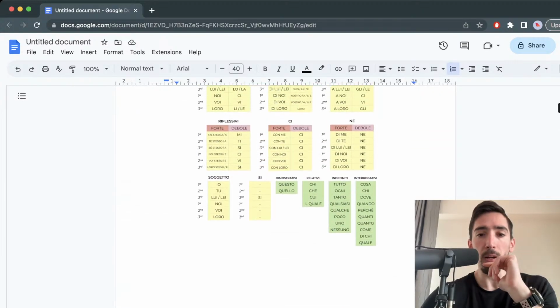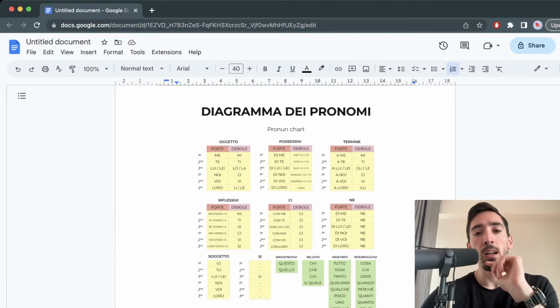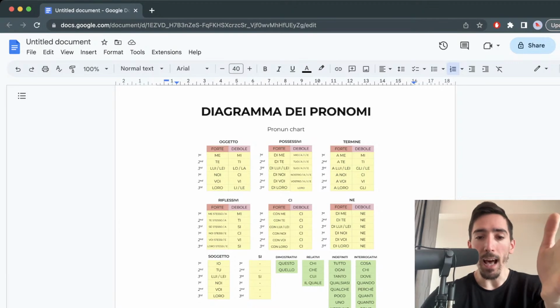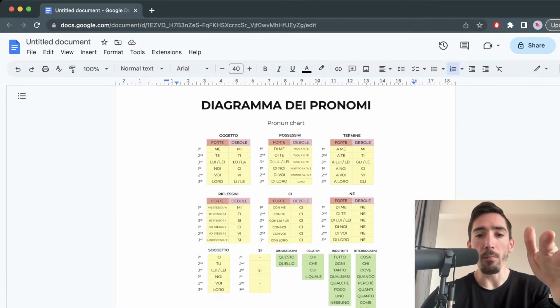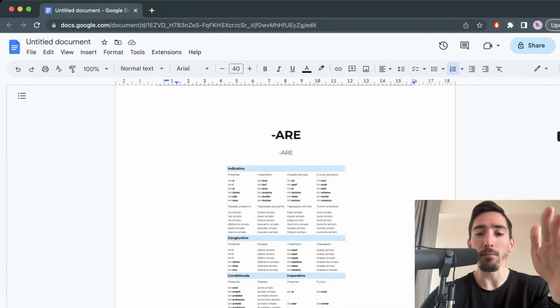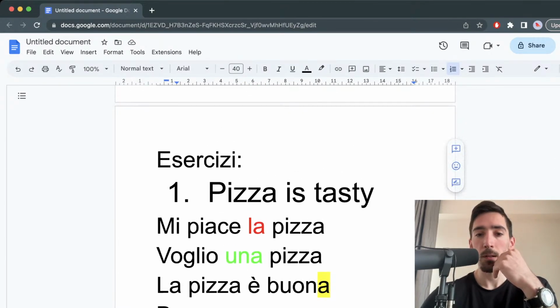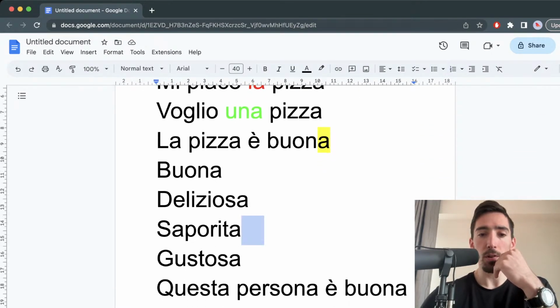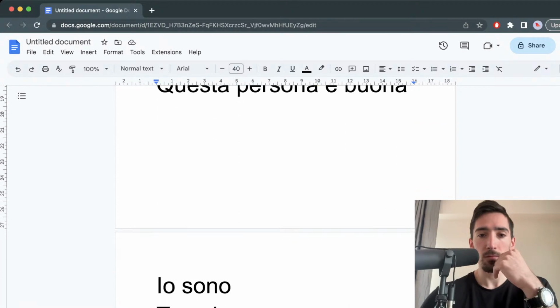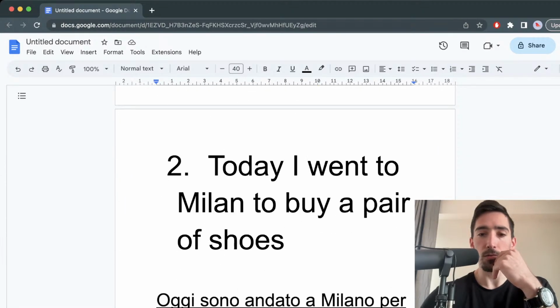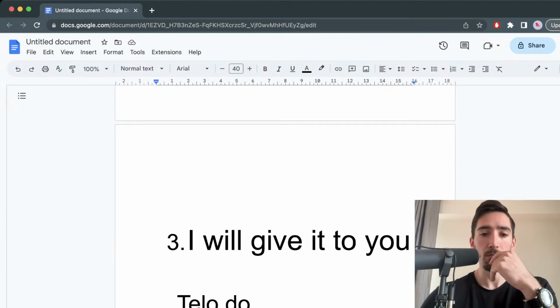People from the university might be familiar with the pronoun diagram that we have. It's got all the pronouns in it. And, you know, you have the object pronouns and you have the subject pronouns. So going back to, I got lost now.